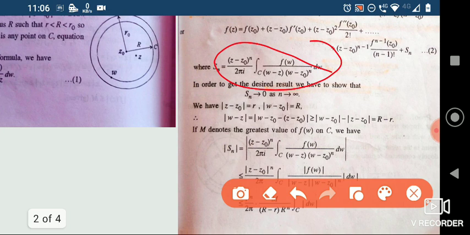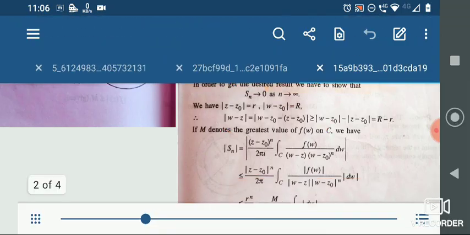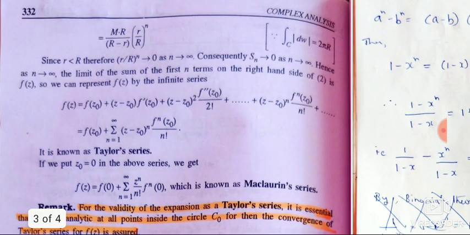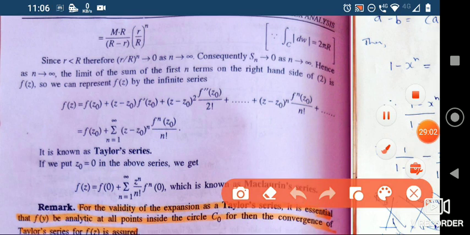Sn converges to 0. So for a better value of function f of z, you have to go for better n. If n tends to infinity, you'll get the exact value f of z. Otherwise you will get some nearby value.